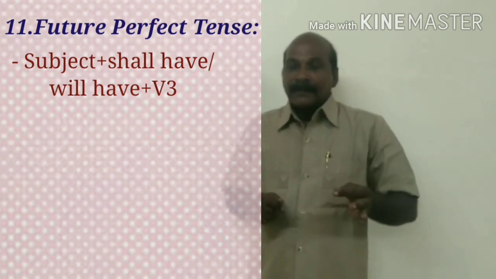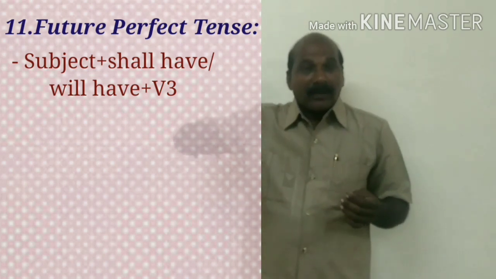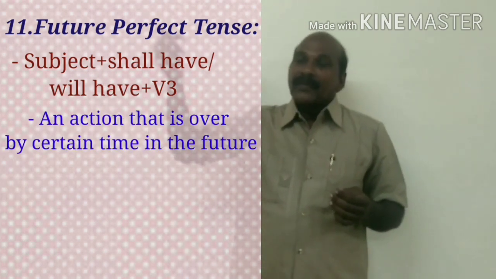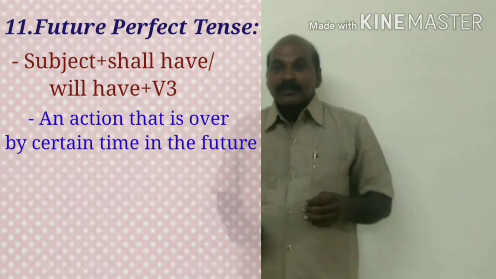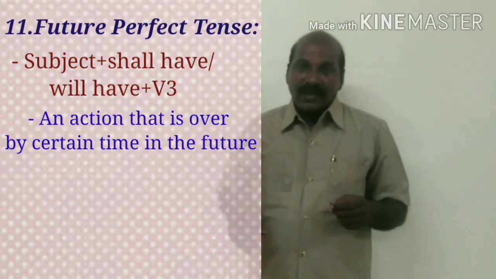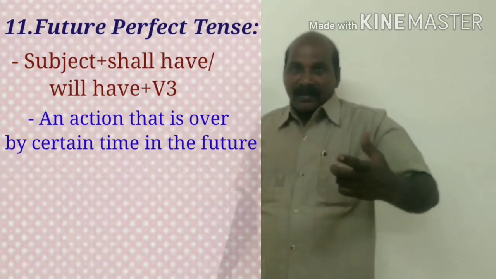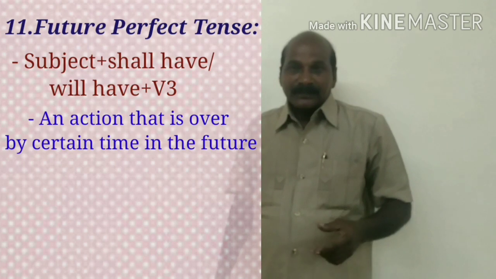We use this tense to indicate an action that is over by certain time in the future. For example, I shall have completed this task by next year. You will have reached your target by next June.